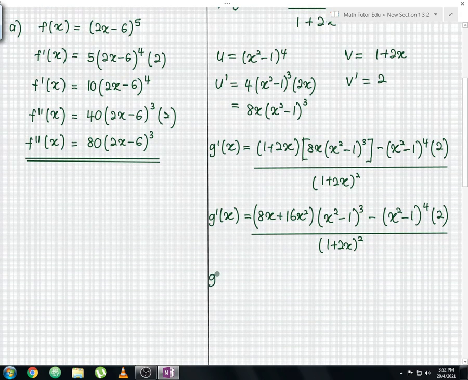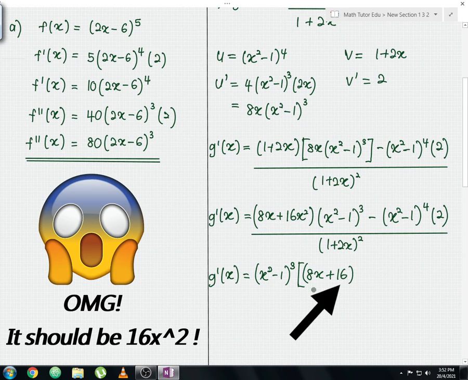So from here g prime x will be equals to, x square minus 1 to the power of 3 will be factored out, so you only left with 8x plus with 16, and then minus with x square minus 1, and then times with 2.